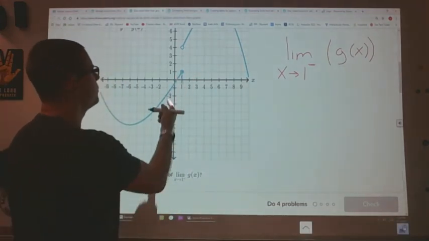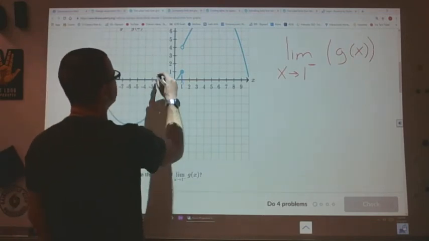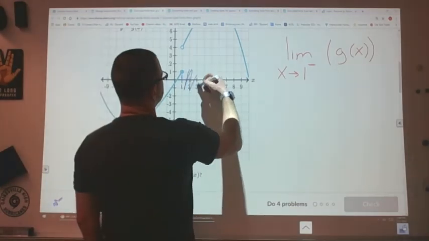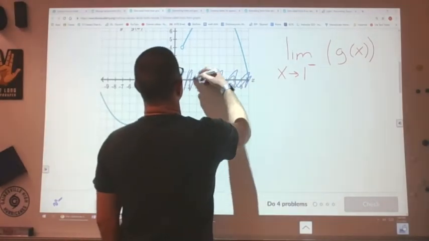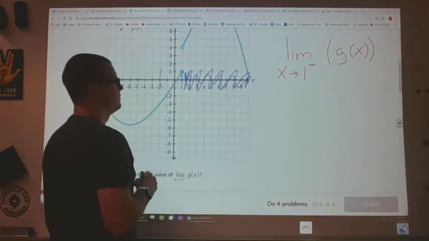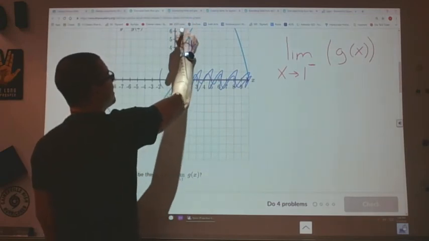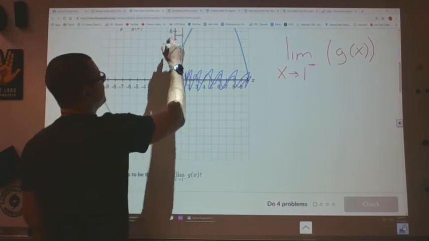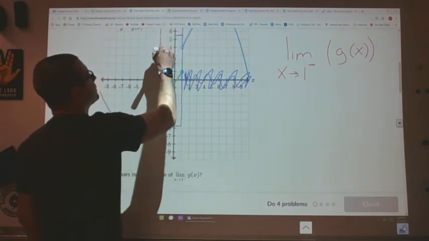So we're going to look at 1 here. 1 to the left would be looking only to the left. So none of these would matter. I can get rid of all of this. Doesn't matter. So my entire graph is now just this.